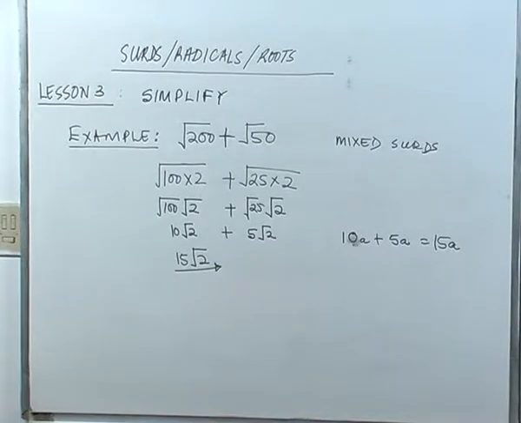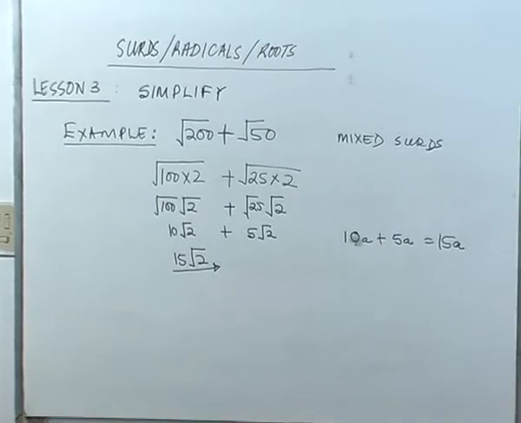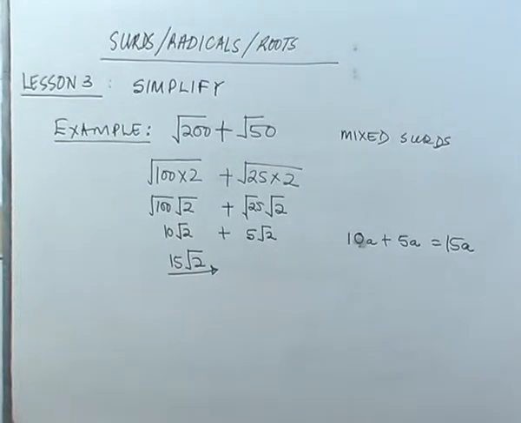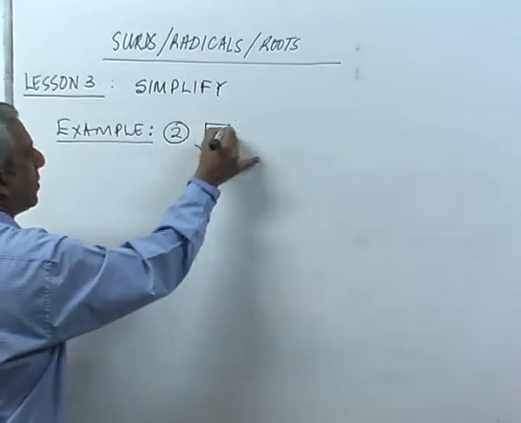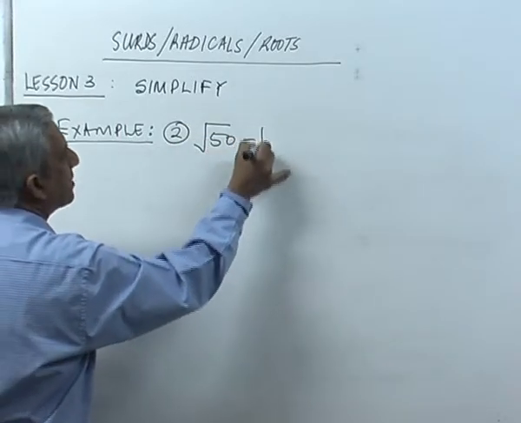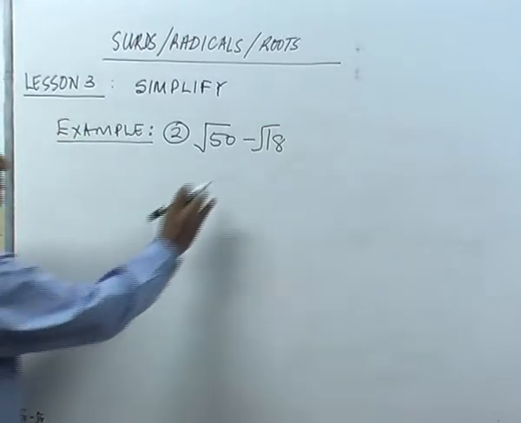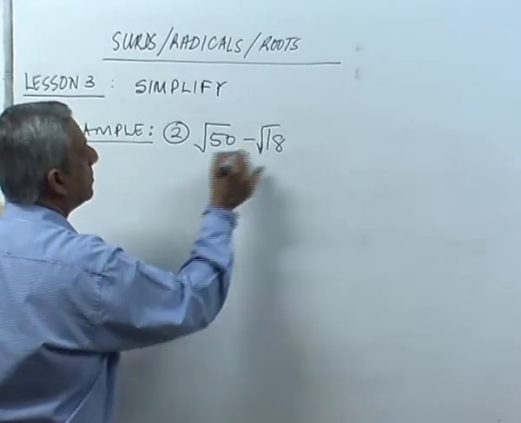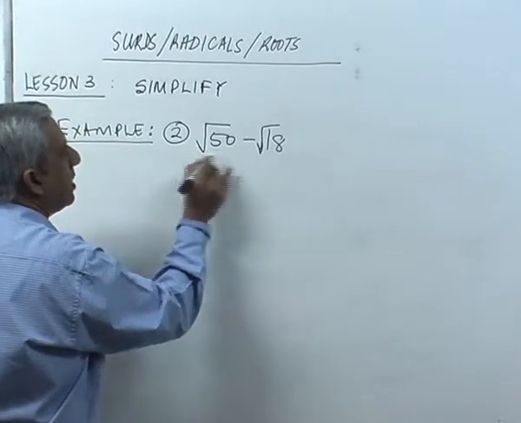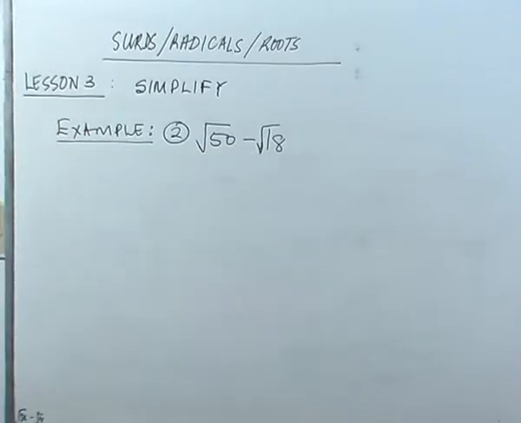Alright, I'm going to give you a couple of seconds to have a look at that and digest it. Example 2. Square root of 50 minus square root of 18.